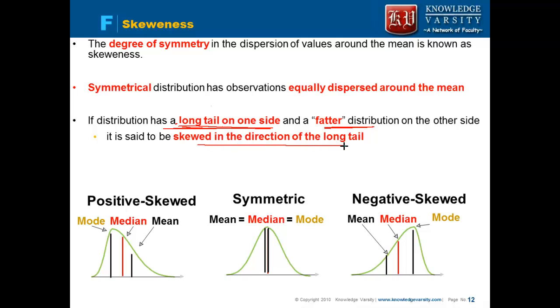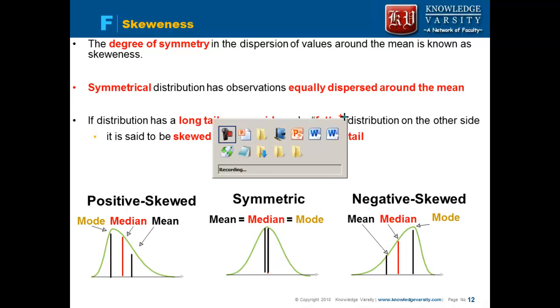This is said to be skewness in the direction of the long tail. The long tail can be on the right side of the mean or on the left side, and the distribution will be fatter on the other side.